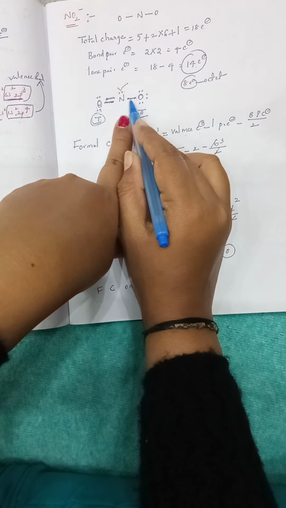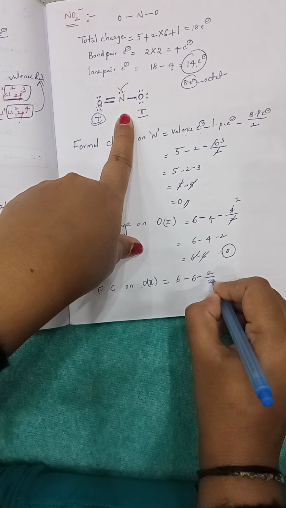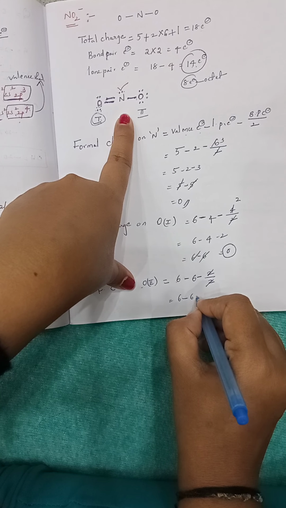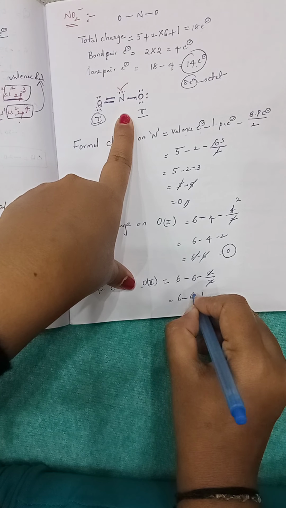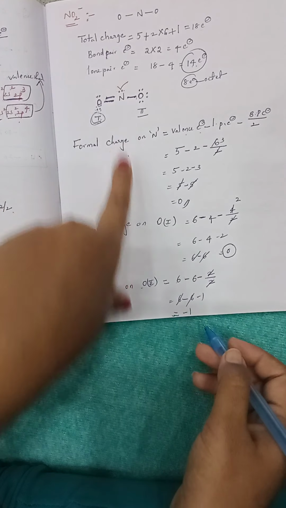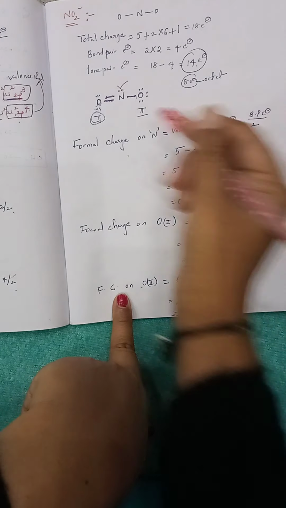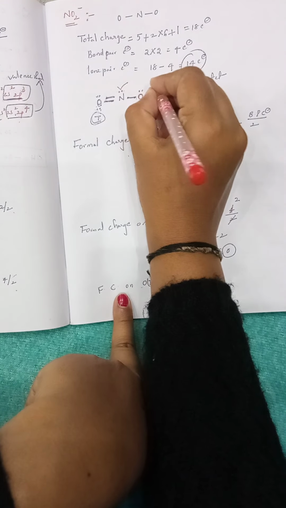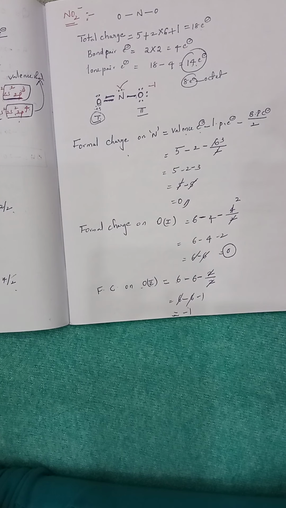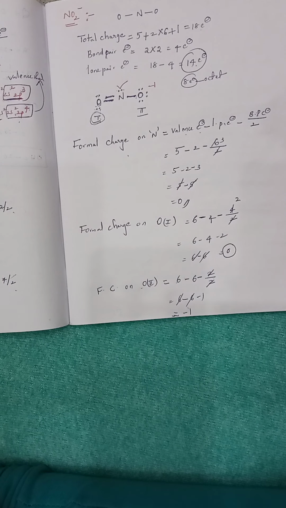Only one bond is there, so 2 electrons, 2 by 2, is 1. So 6 minus 6 minus 1, 6 and 6 cancelled, so minus 1 is the total charge present on the second oxygen. On the first oxygen no charge, on nitrogen no charge. Only the second oxygen contains minus 1 charge.